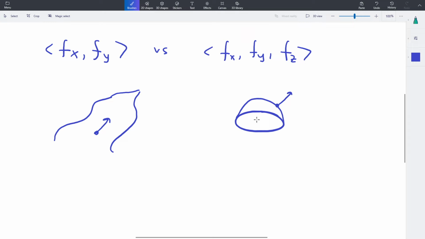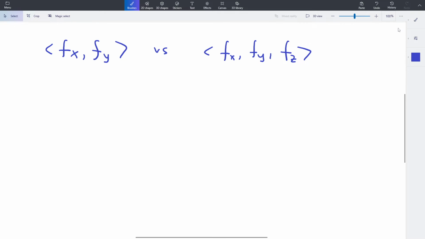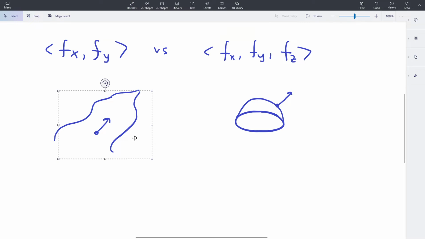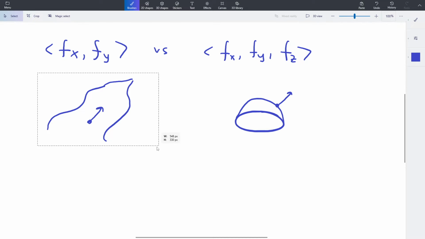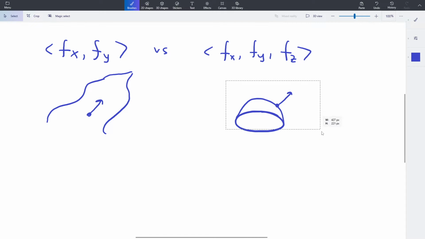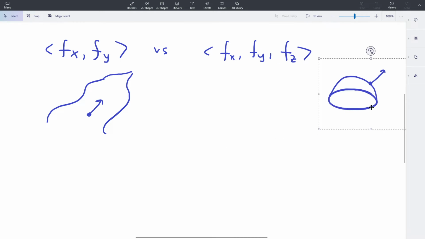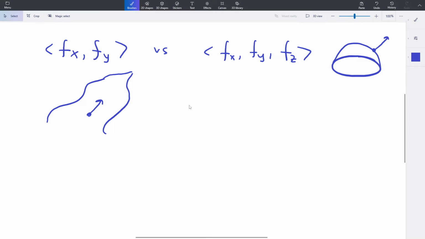So let's go back to what the 2D gradient actually is. We'll start there. Actually, we don't have to delete that. We can just move it up here. Alright. So let's use this space over here.